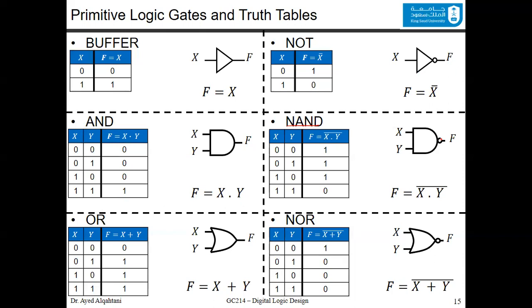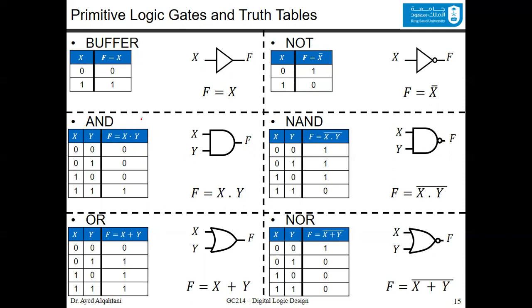So this bubble indicates an inversion after the AND here. So this AND plus this inversion becomes a NAND. Similarly here, if you see the NOT, you have a bubble here. We take out the bubble, so it becomes a simple buffer.